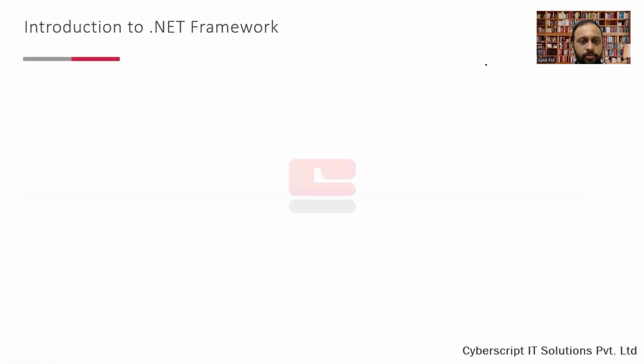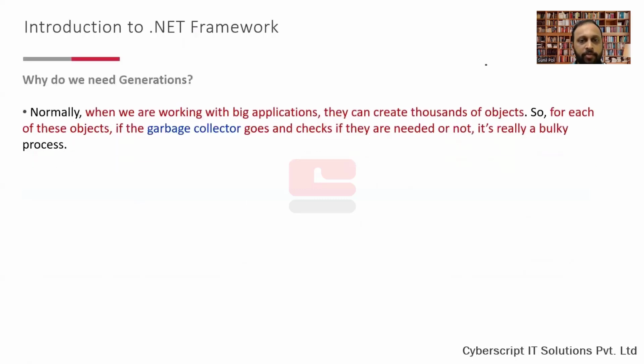Why do we need generations? Normally, when we are working with big applications, they can create thousands of objects. If the garbage collector goes and checks for each of these objects whether they are needed or not, it's really a bulky process. Every time the garbage collector would traverse the managed heap and check whether each object is used by the application or not, it would take a long time and slow down our main application thread.